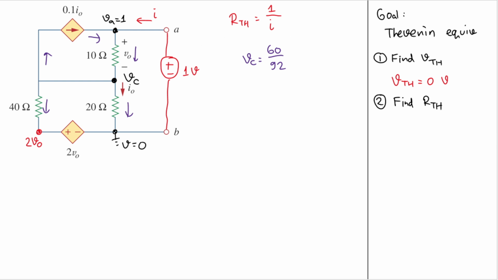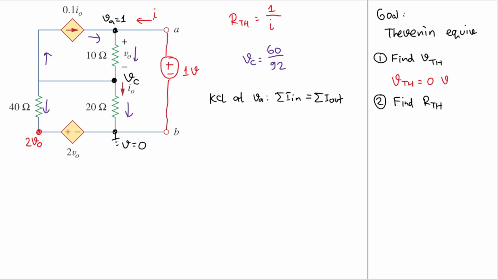So what is I? We can do KCL at VA. The sum of the currents that go in will equal the sum of the currents that go out.